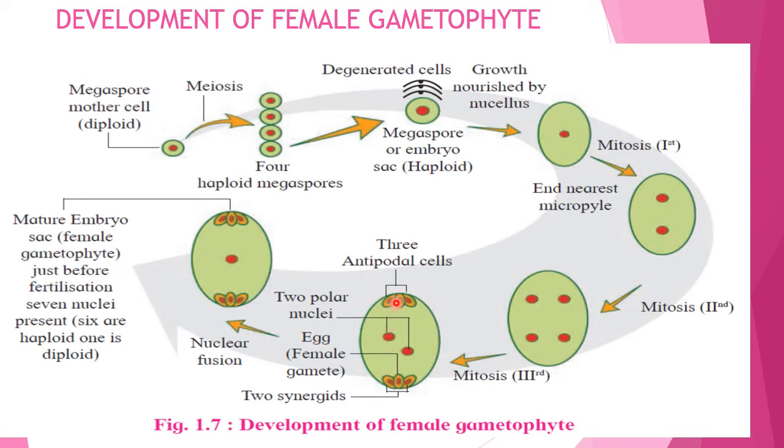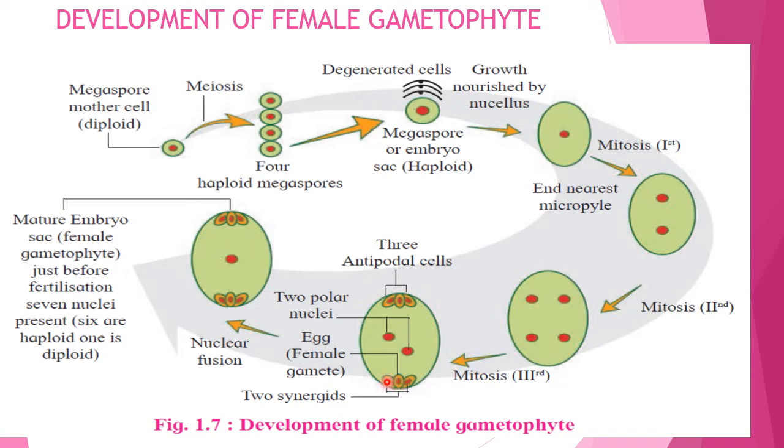Now 3 are remaining over there, at the end opposite the micropyle. They are the antipodal cells. 3 over here and 3 over here. In that, the center one is the female gamete or egg cell.